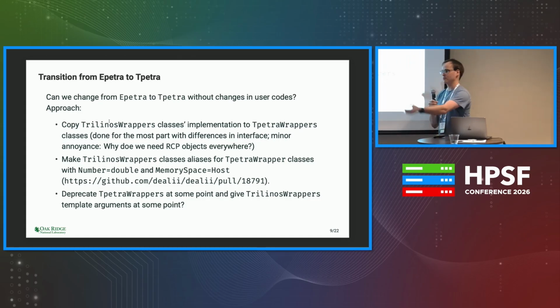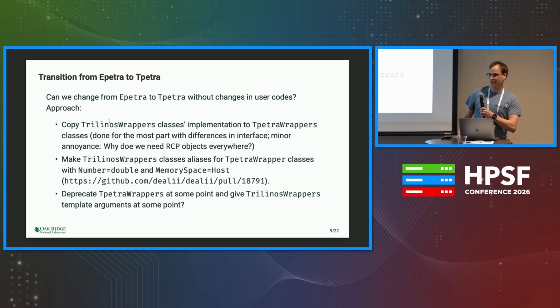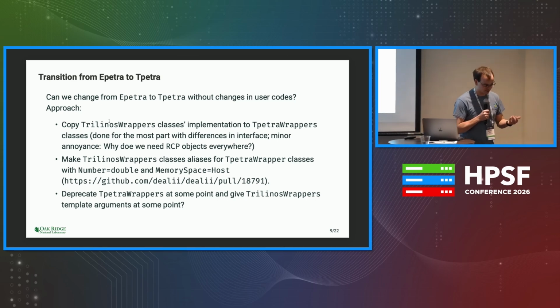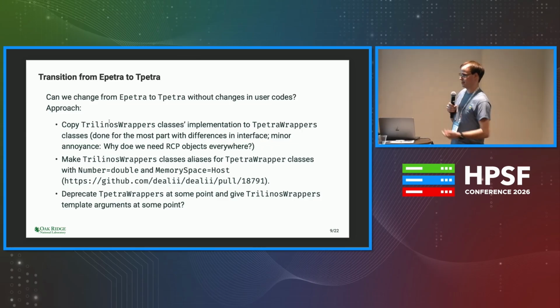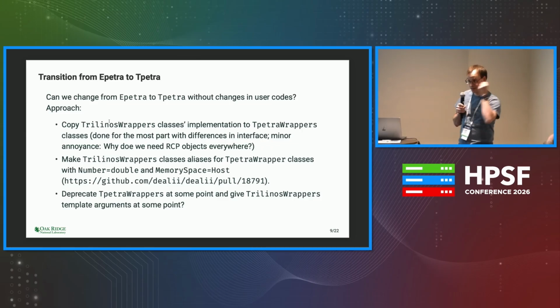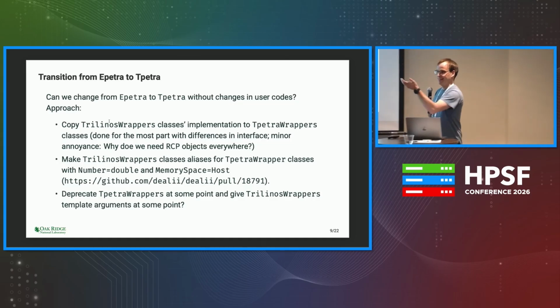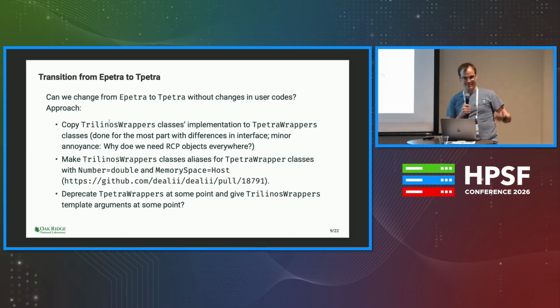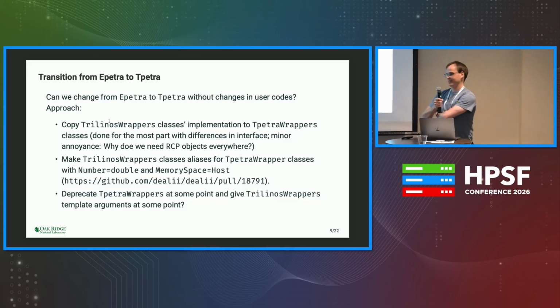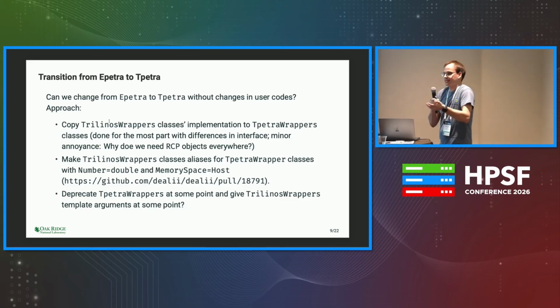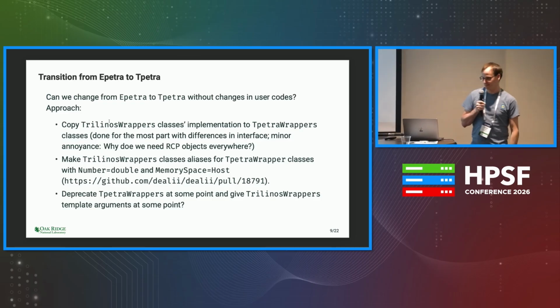Because we have this wrapper approach for external libraries, we don't really want to expose the interfaces. So people just say, okay, I use these wrapper types. And this is, of course, a big problem because ultimately, Epetra and Tpetra have different interfaces, and it's not designed with backward compatibility in mind.